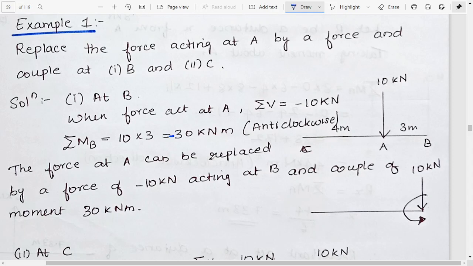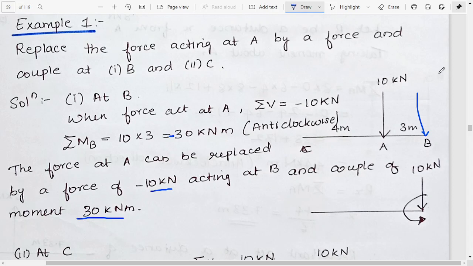The force at A can be replaced by a force and a couple of minus 10 kilonewton meter acting at B and a couple of 30 kilonewton meter. So it's saying that if you are changing it like this, we know that the summation of MB here will be minus 10 into 3, so it will be minus 30 kilonewton meter.